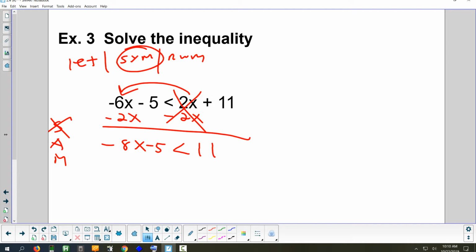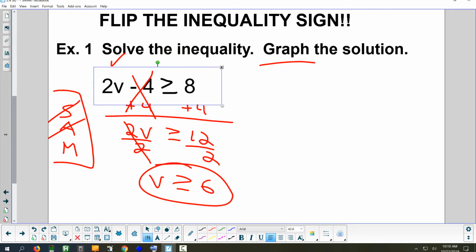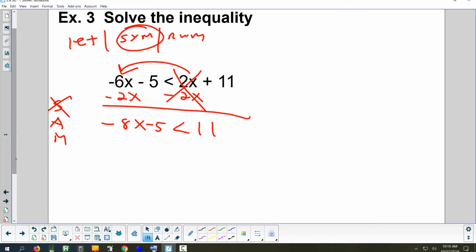Now this one is kind of like example 1. You've got a term with a letter, number, number. Go back to example 1. It's pretty much the same thing from here. So how about Tristan, my next step? You would plus 5 on both sides. Good. I'm going to plus 5, plus 5.